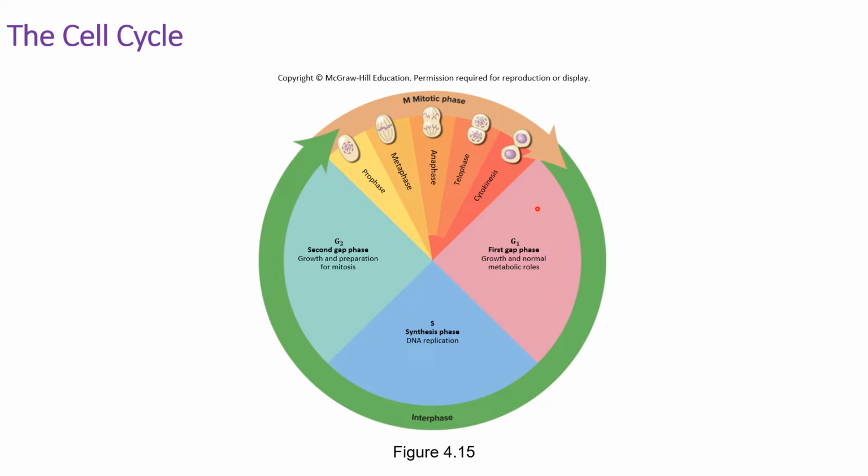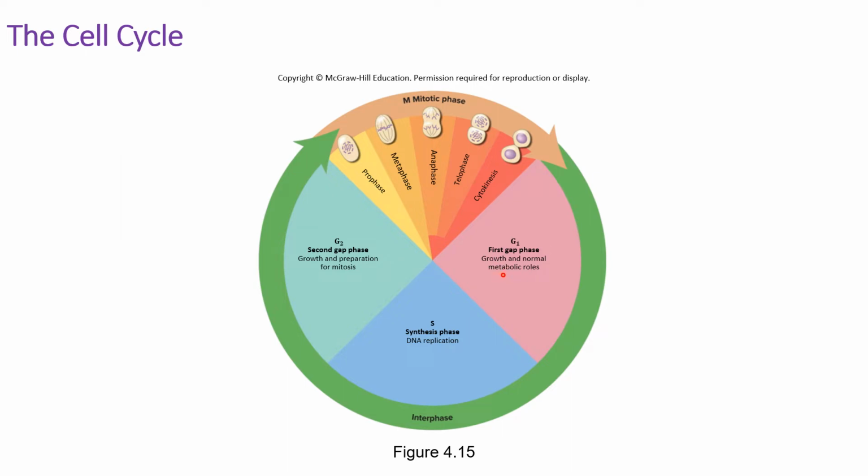So first we have interphase, which is represented by this green arrow. Most of the time your cells are in interphase. Interphase we're going to break down into G1, S, and G2. G1, I usually think of G as standing for growth.